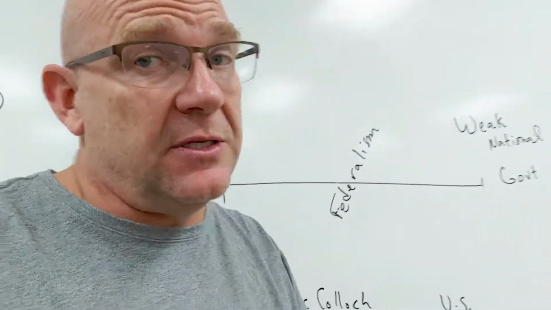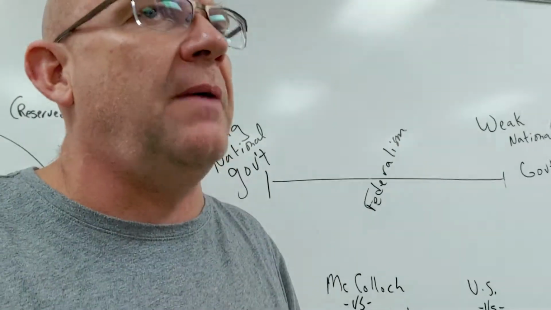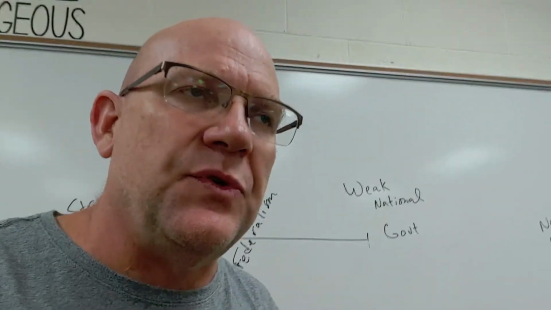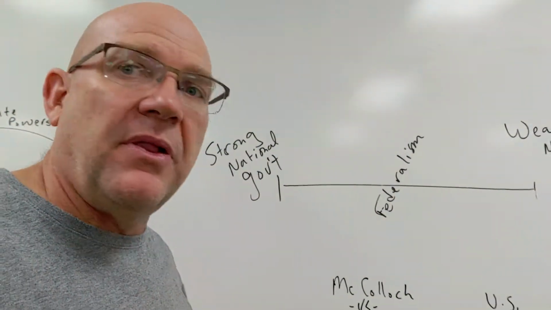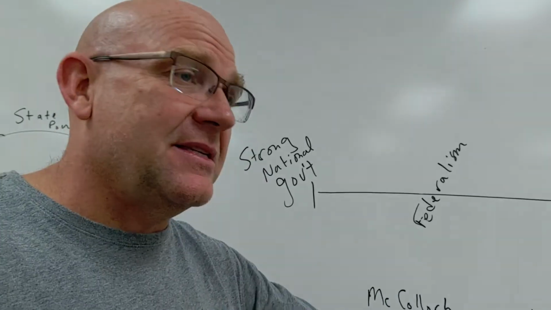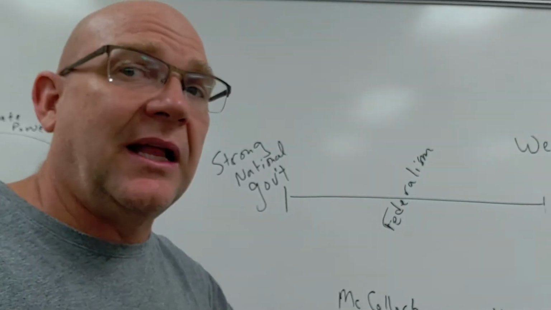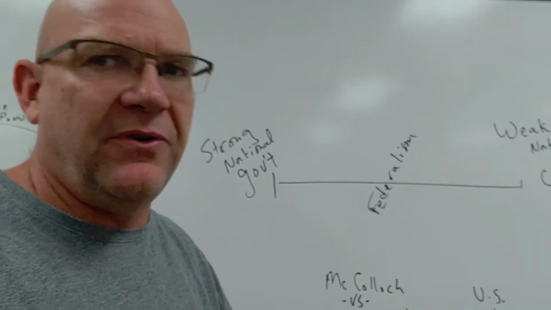So two different Supreme Court cases, you need to know them. But like I said, a lot of times you need to know how to problem solve them. You need to know how to apply them. Both these cases of the 15 directly deal with the whole concept of federalism.